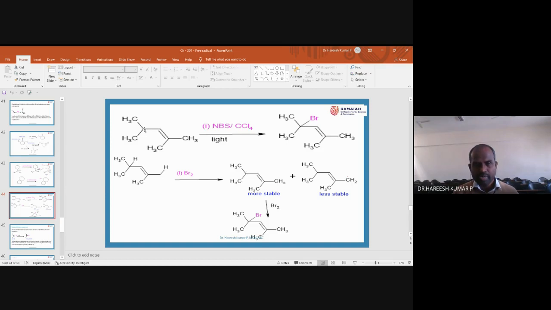So what will happen when an allylic hydrogen is treated with NBS, N-bromosuccinimide? There will be a reaction between the allylic proton and NBS through a radical mechanism, giving rise to bromo at this position. So that's the product obtained.